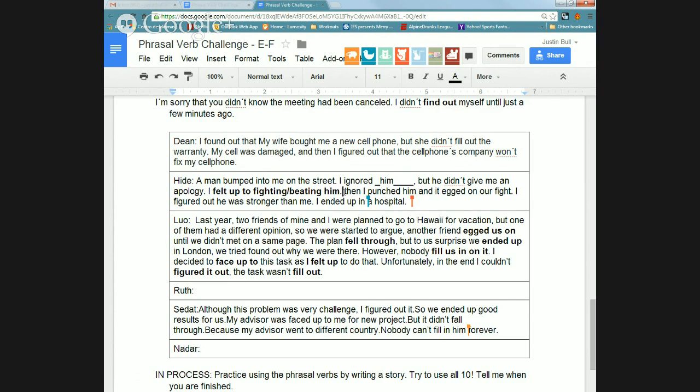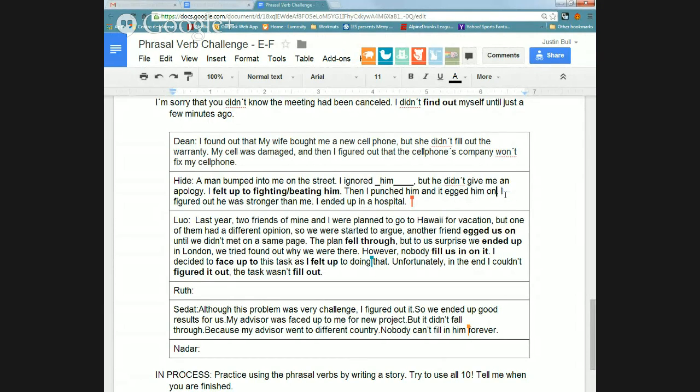Then I punched him and it egged on our fight. You don't egg on something, you egg on a person. Okay? You egg on a person. So how do we change this? It egged on him? This is separable. Egged him on. Okay?